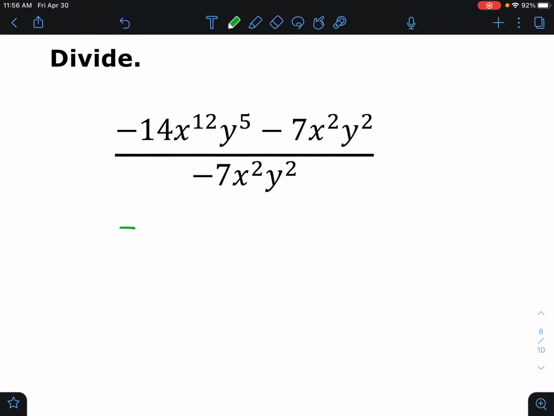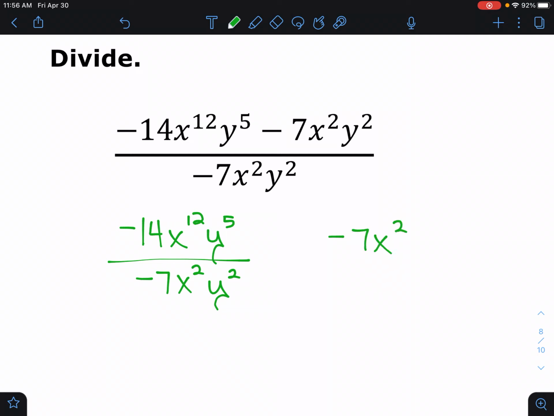Okay, I've got negative 14x to the 12th y to the 5th divided by negative 7x squared y squared. I also have another negative 7x squared y squared divided by negative 7x squared y squared.